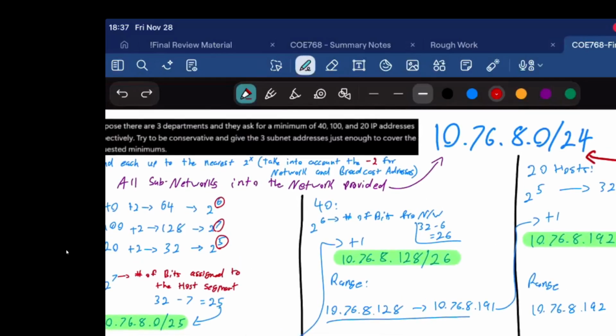Since it's greater, you can state that we cannot design this network with 260 IP addresses, because the subnet we've been given is not able to take that load. We would need to be assigned a larger subnet to be able to do this question.